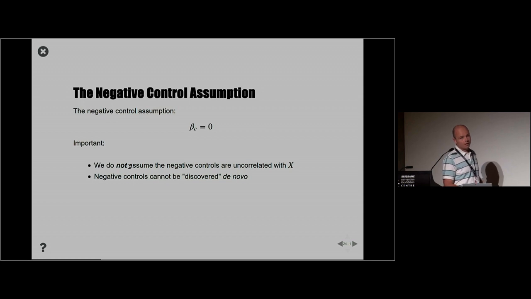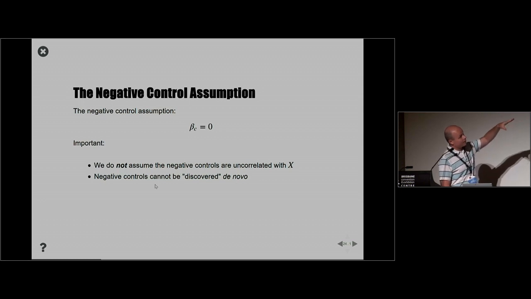Okay? The flip side of this is that we can't discover negative controls de novo from the data. We can't just go through the data and say which genes are uncorrelated with the factor of interest, okay, I'm going to call those the negative controls. You can't do that because, again, the negative controls might very well be correlated with the factor of interest.